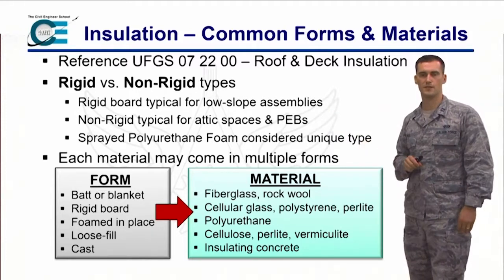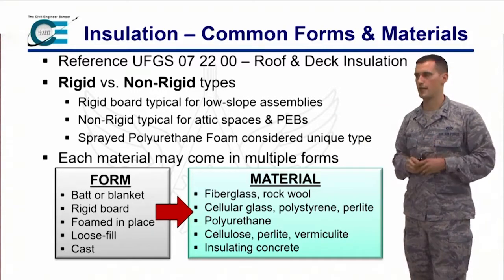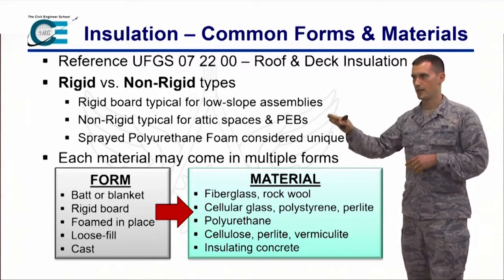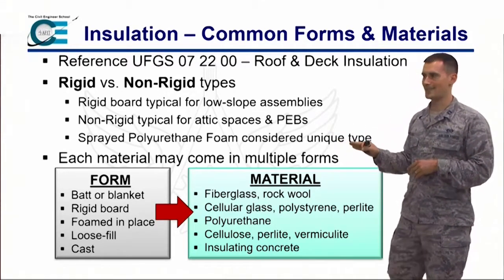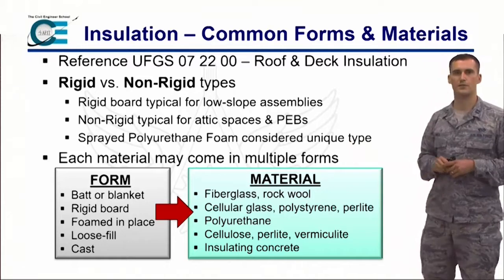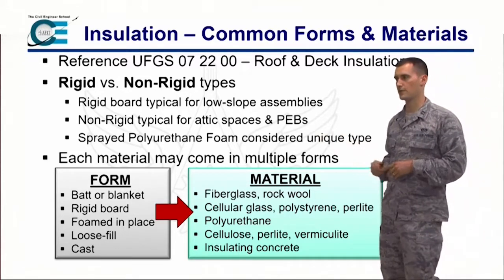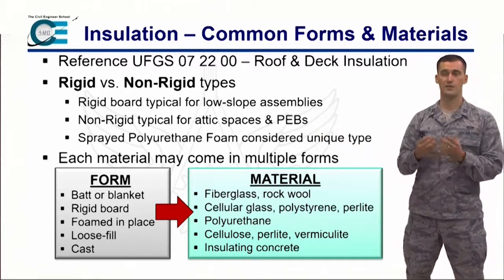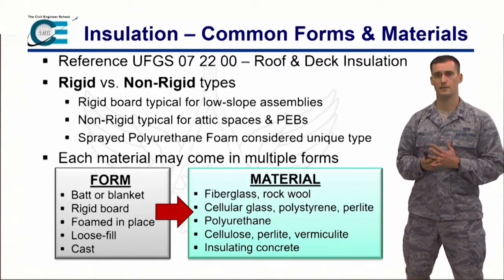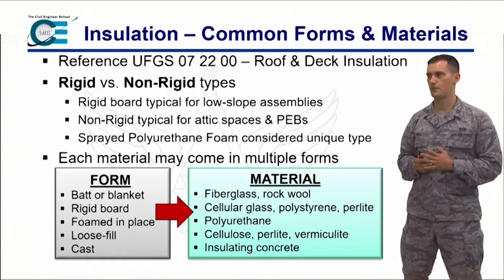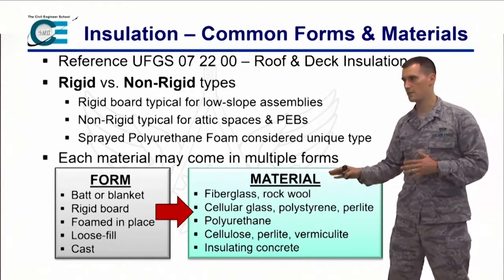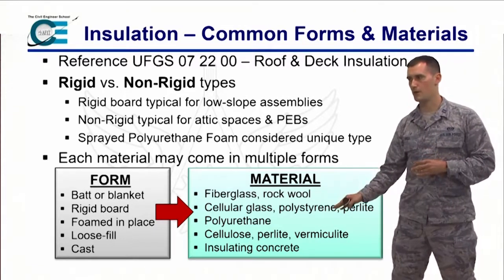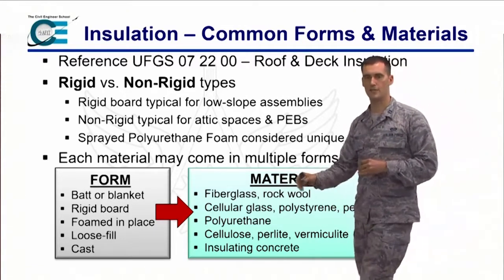Rigid board gives us the compressive strength that we really need. Non-rigid is for your homes and your attic spaces. And then we have this in-between, the sprayed polyethylene foam, which is very useful for locations that are hard to get to, but it's more of a special application. These are all the different materials that we might use based upon different types of insulation.